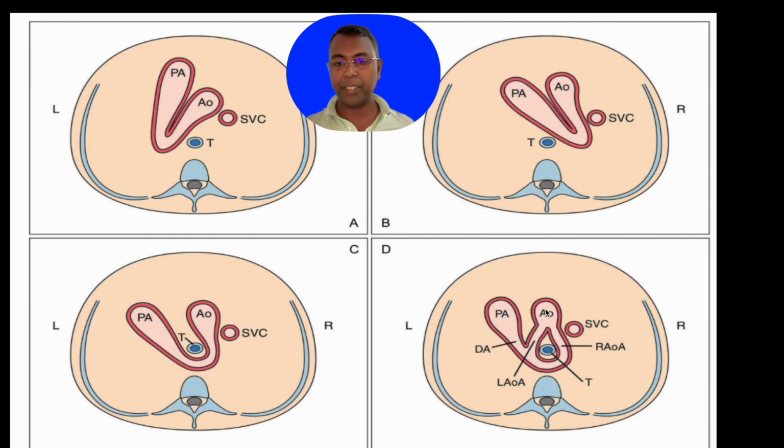In this view we can see a double aortic arch, where both the left and the right aortic arch encircle the trachea and form a ring, which is very significant from the clinical perspective, because this baby has to be delivered in tertiary care centers.